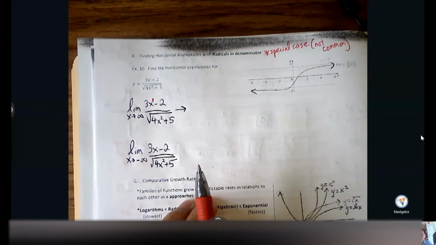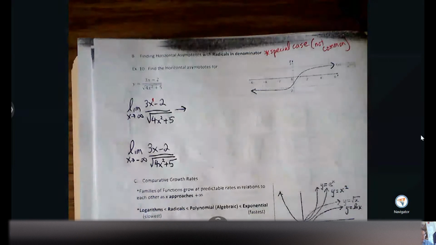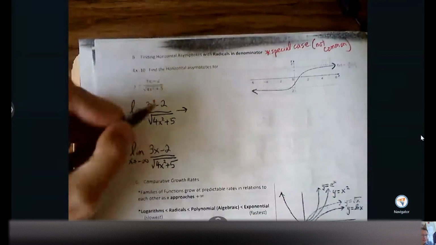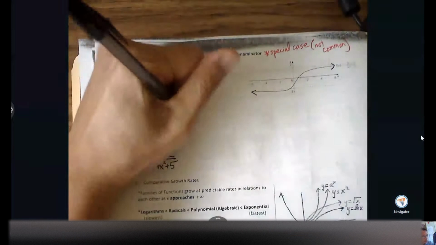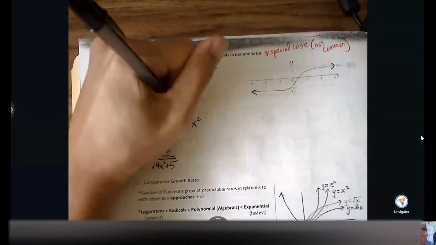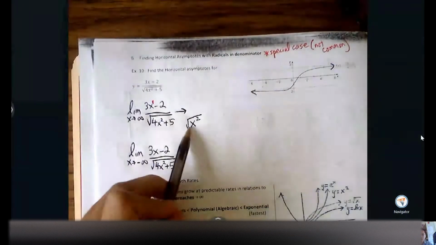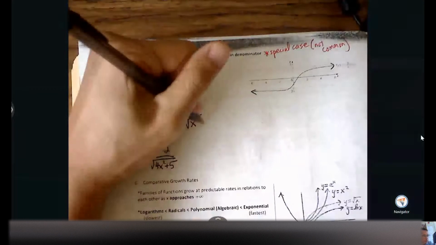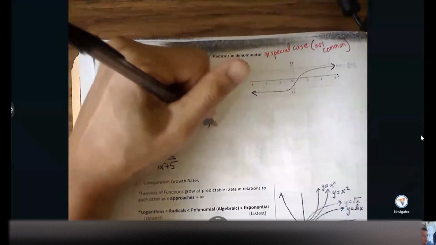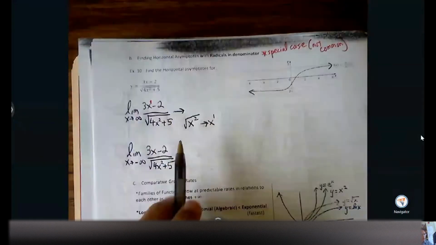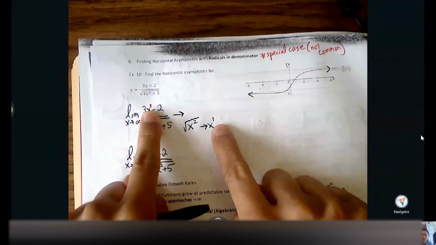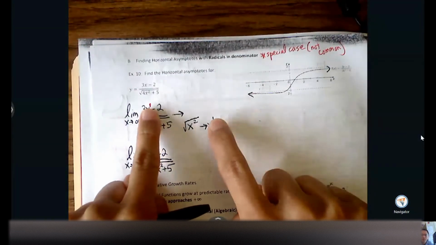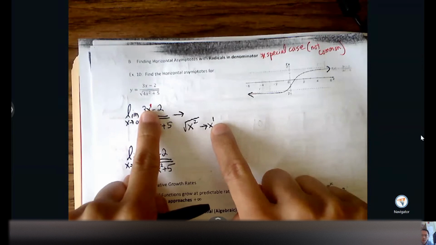Also 1. And maybe some of us are thinking, wait, I see an x squared there, so why is it not x squared? Well, you have an x squared there, but then the square root is undoing that x squared. The square root of x squared is bringing it back down to an x. So what do you notice about the degrees? They're the same.